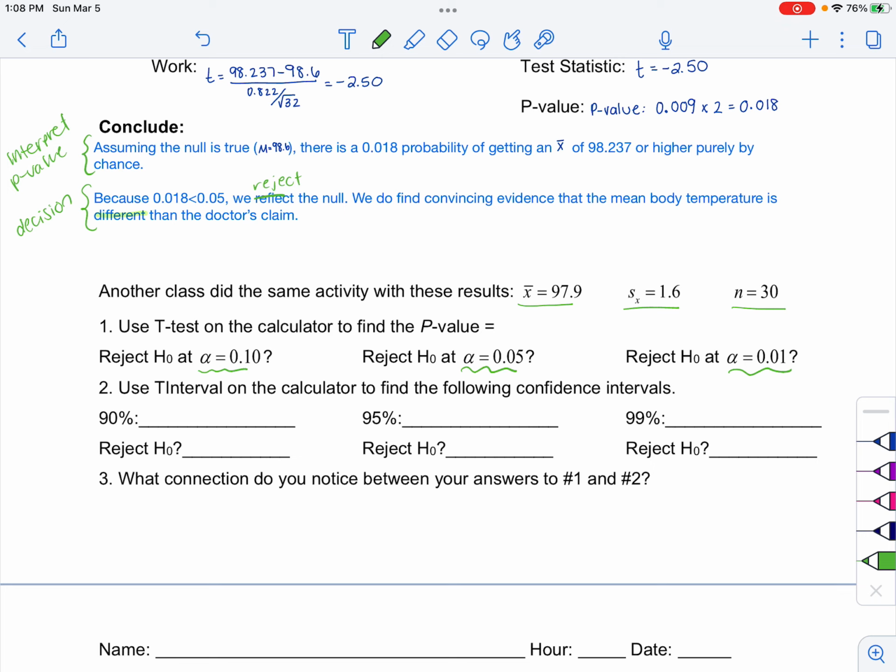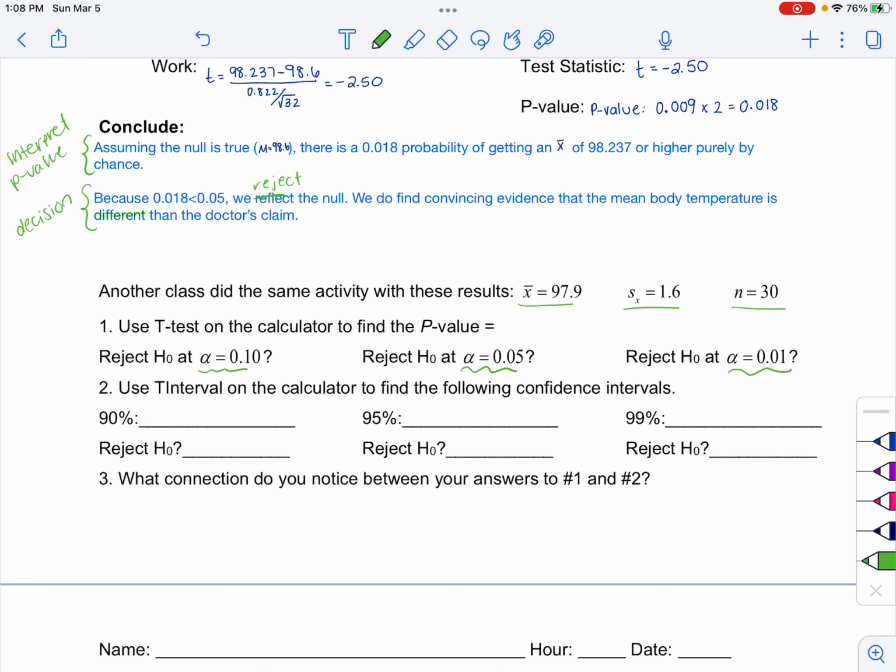So on the calculator, I'm going to use the t-test. Stat, over to tests, and down to number 2, which is t-test. For this one, I am going to use the stats, so input stats rather than input data.